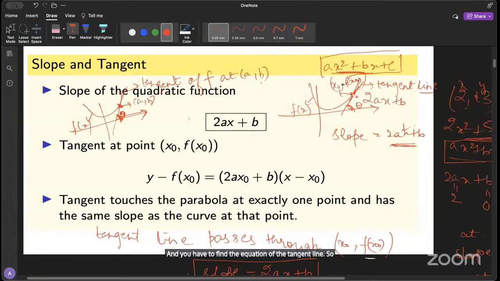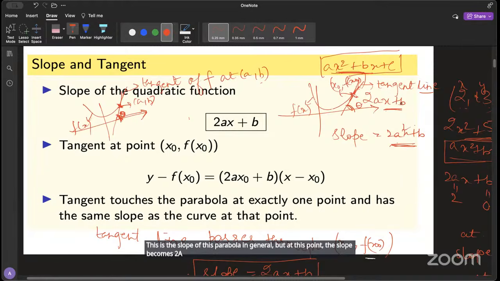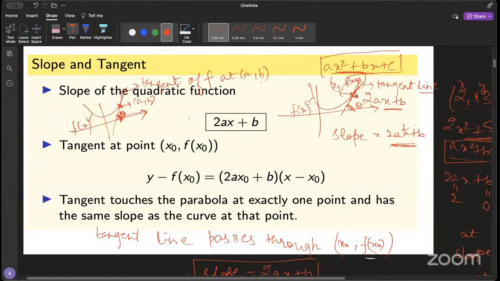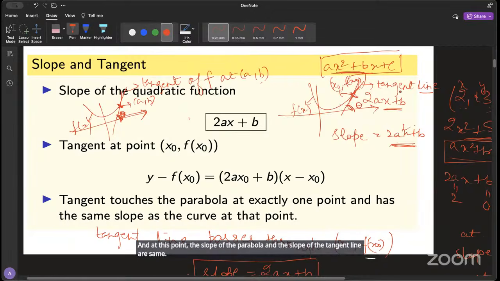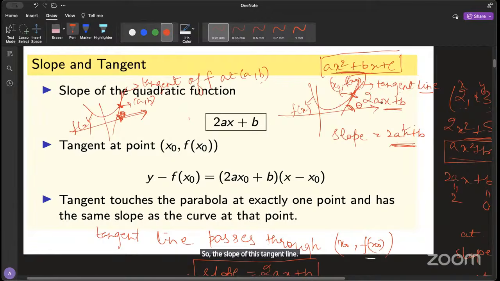So now you have one point that lies on the tangent line, and you have the slope of the tangent line, right? This is the slope of this parabola in general. But at this point, the slope becomes 2ax naught plus b, right? At this point, the slope of the parabola and the slope of this tangent line are same. So the slope of this tangent line is 2ax naught plus b.